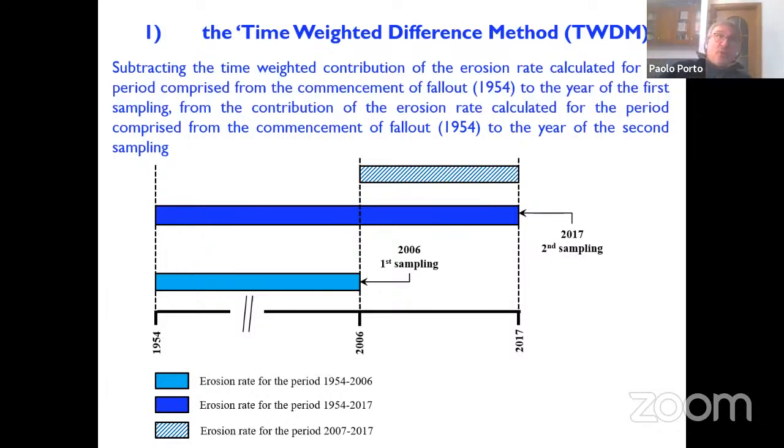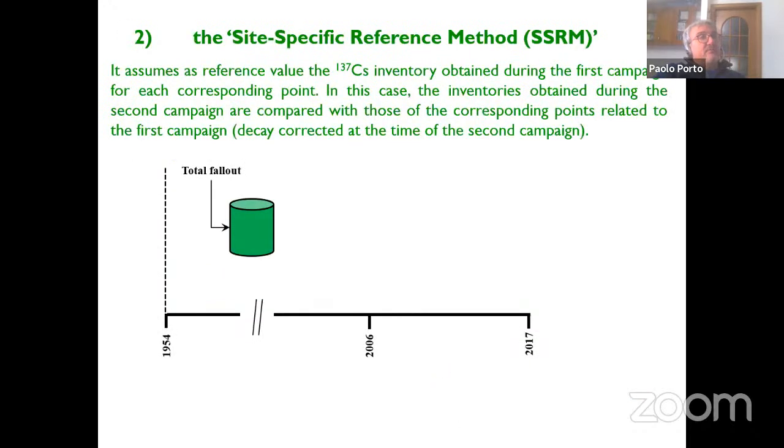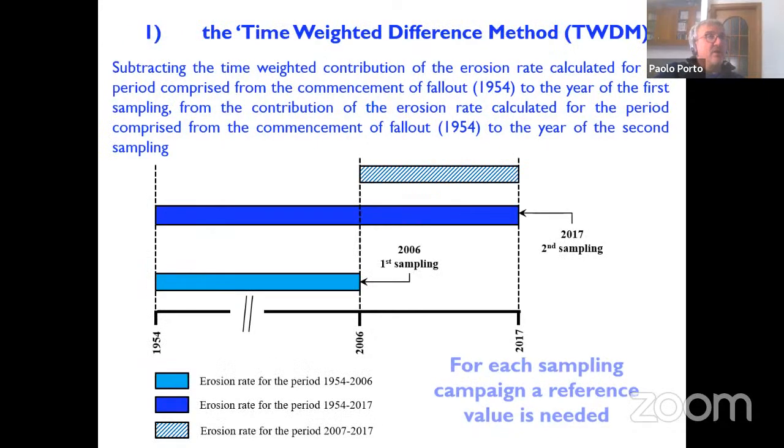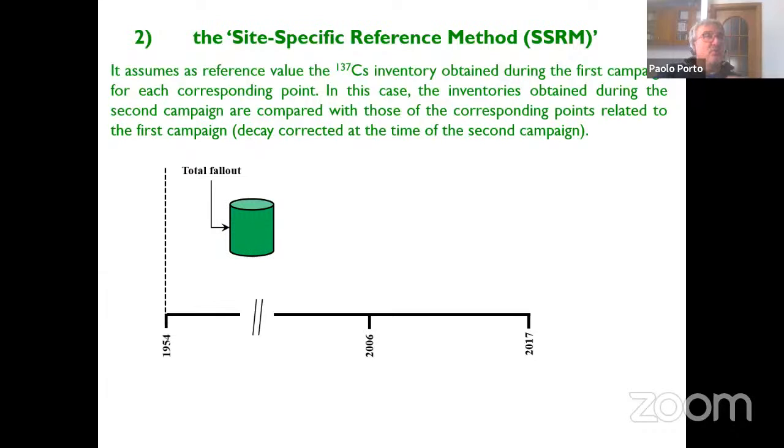But before showing the comparison, I wanted to show another way to use the resampling approach. The first one was called, as I said, the time-weighted difference method. The second one is a site-specific reference method. What does it mean?